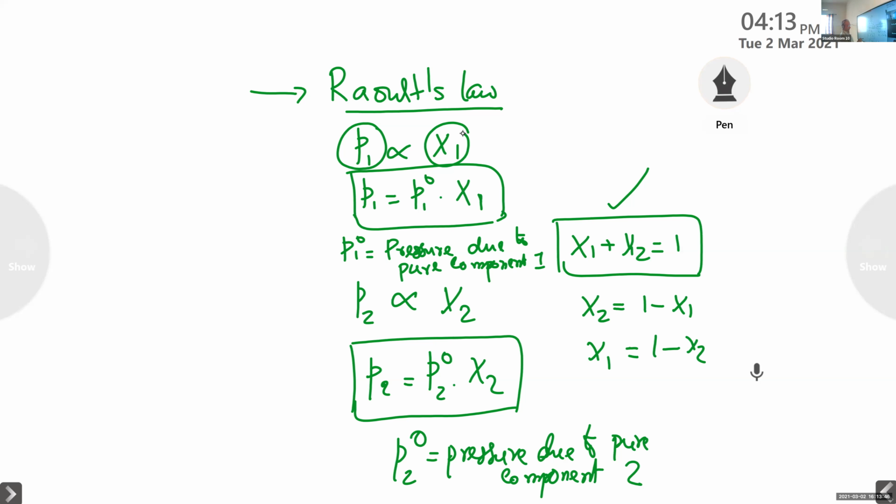Here, both the components, component 1 and component 2, are volatile components. So, the partial vapor pressure is directly proportional to the mole fraction in the solution state. So, P1 is equal to P10 into X1, P2 is equal to P20 into X2.